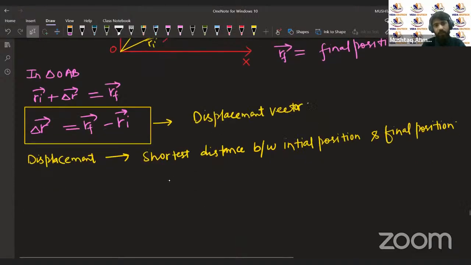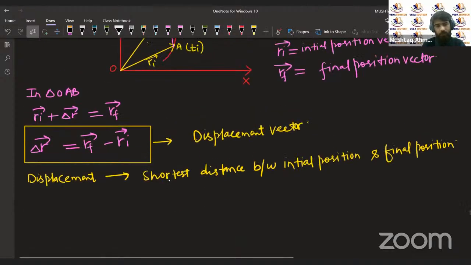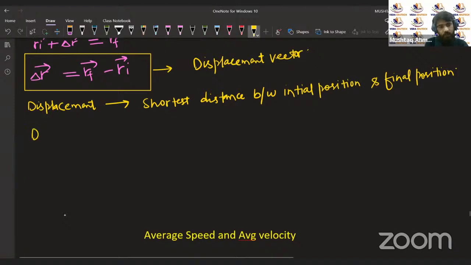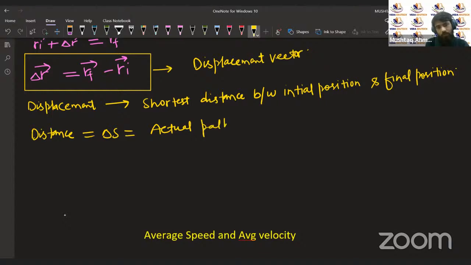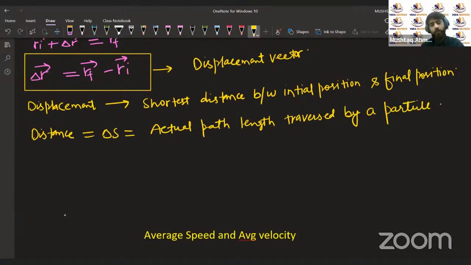So displacement is the final position vector minus the initial position vector, and distance is the actual path length. In this case, distance is equal to delta s. It's the actual path length traversed by a particle, and we call it distance, right?